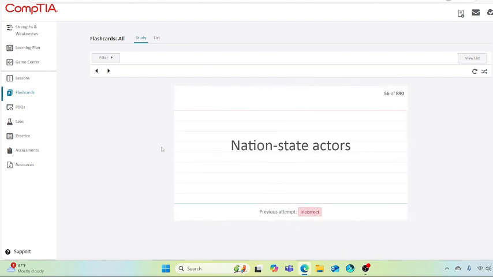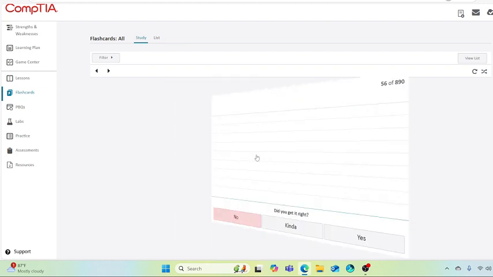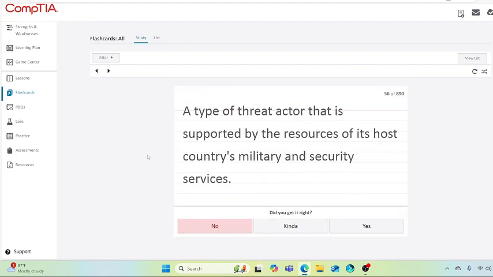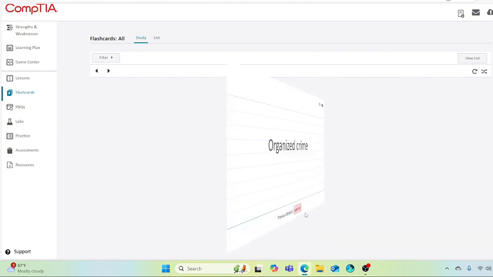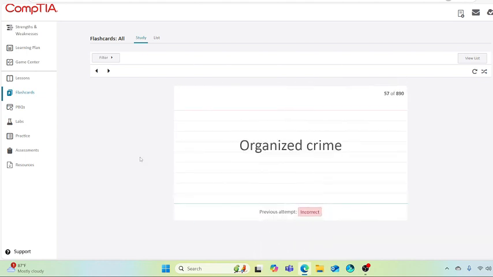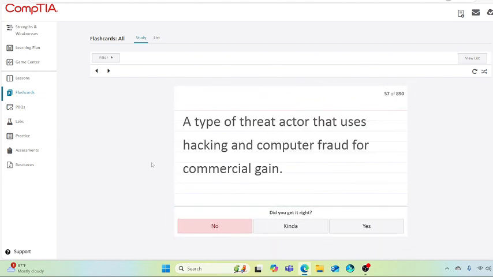Nation-state actors. A type of threat actor that is supported by the resources of its host country's military and security services. Organized crime. A type of threat actor that uses hacking and computer fraud for commercial gain.